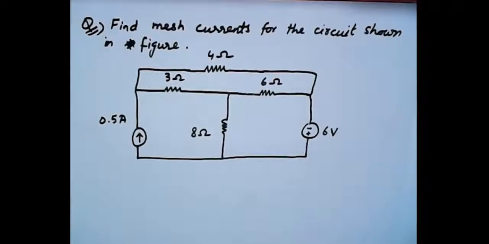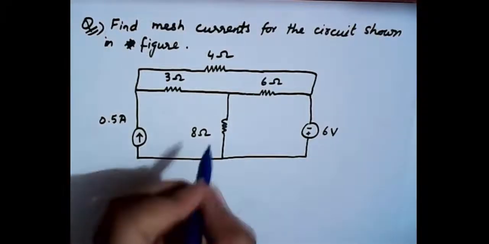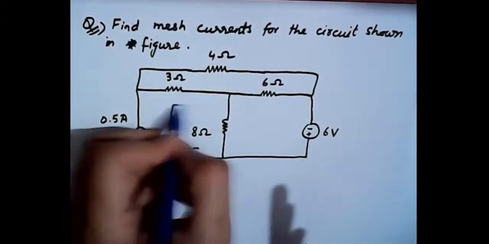So whenever a current source is present, the mesh analysis technique certainly needs to be changed in a few steps. Let's first start by marking the loops, right?